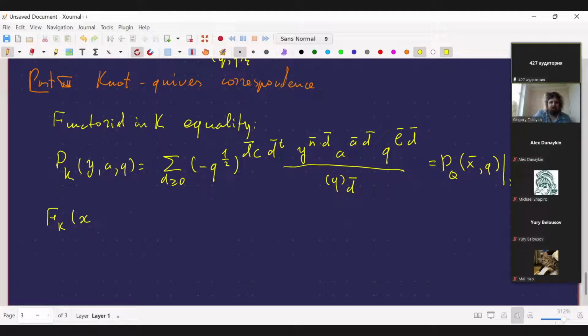Okay, so another version of this correspondence is that the F_K polynomial can be written down in a similar fashion.